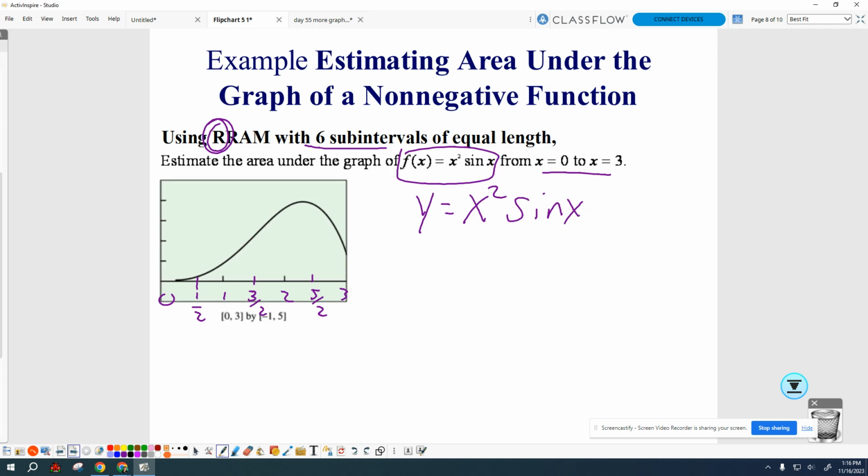Is the width for all the rectangles the same? And then for RRAM, what is the first x value I'm going to put in to find the height? 0 or 1/2 or 1/4? 1/2, because I asked you to use the right side.